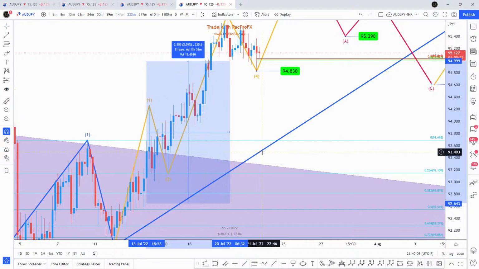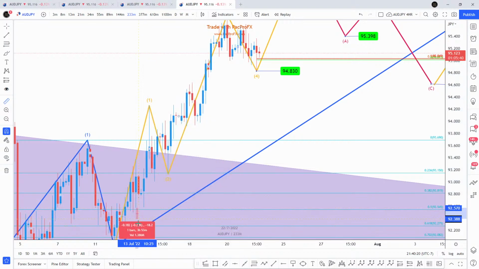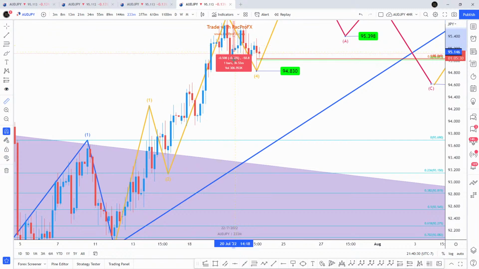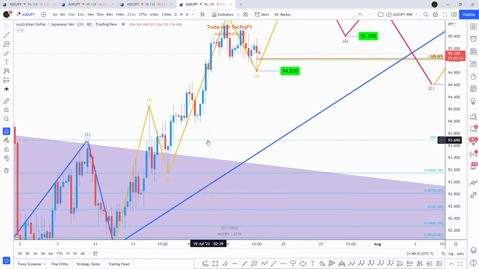I don't think anyone will be really upset by making 235 pips and sacrificing, let's see, you sacrificed on the bottom here 50 pips, and you sacrificed on the top here something like another 50 pips or so. So 100 pips you sacrificed and you made 235. Okay, that's good for a trader that's less than 5 years trading.